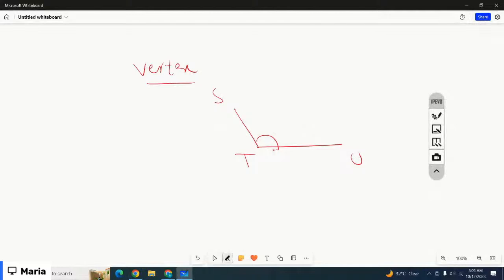The vertex is the one point that is common to both rays. You can see T is common to both rays S and U. So T is the vertex.